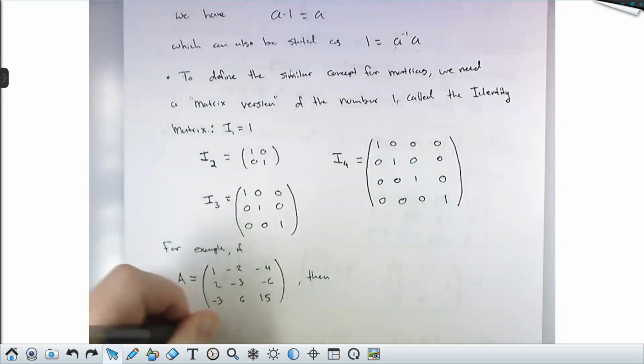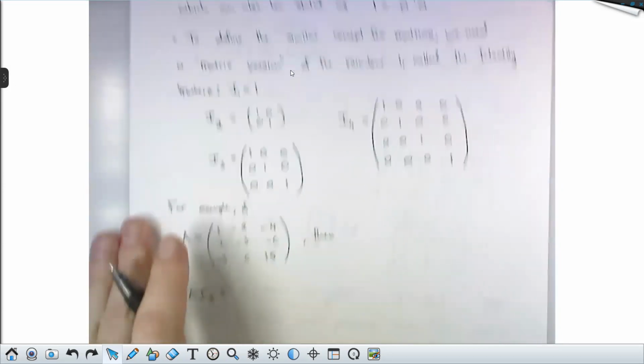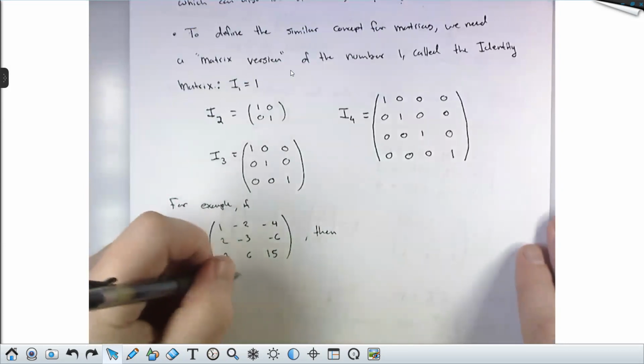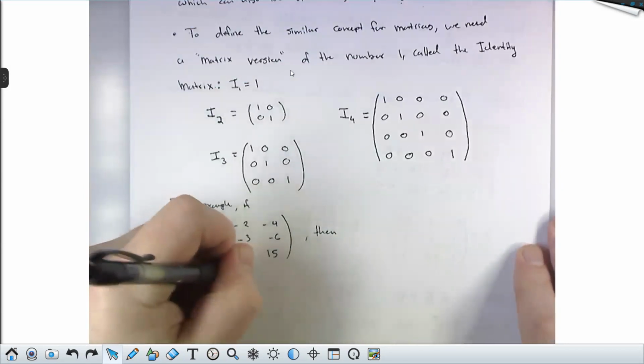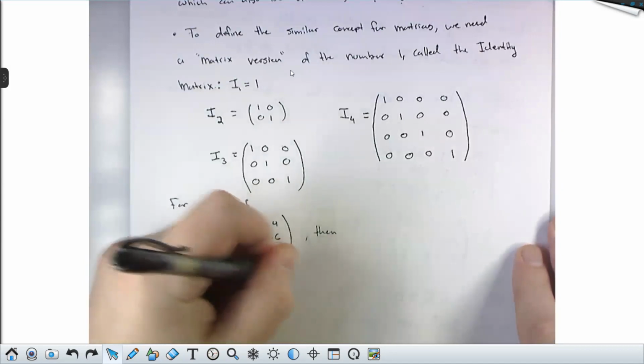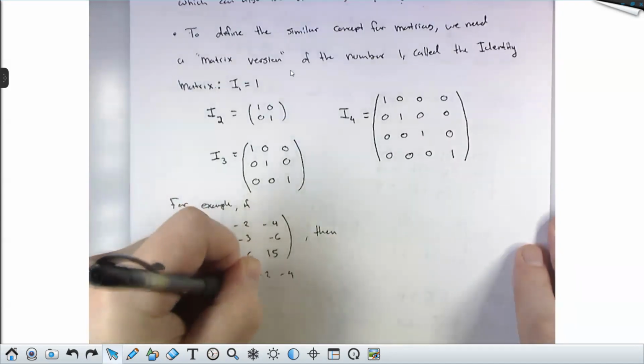And I could do it on either side. Remember, matrix multiplication is not commutative. So we would want to check on both sides.